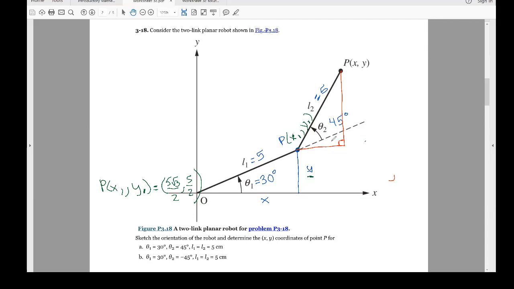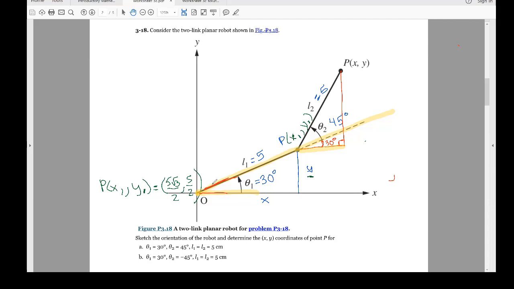But as you can see, this line right here is a continuation, which means that, and this is parallel, this angle right here has got to be 30 degrees, because this angle here is 30 degrees. Okay, hopefully that makes sense.